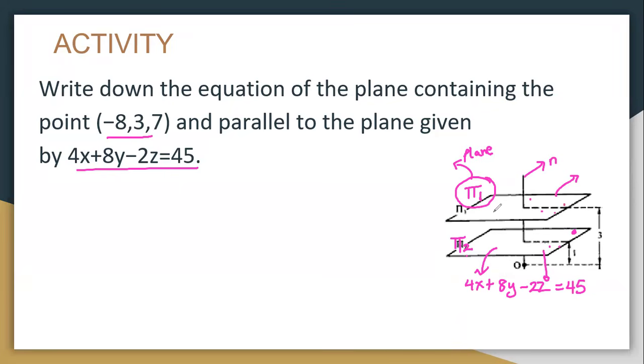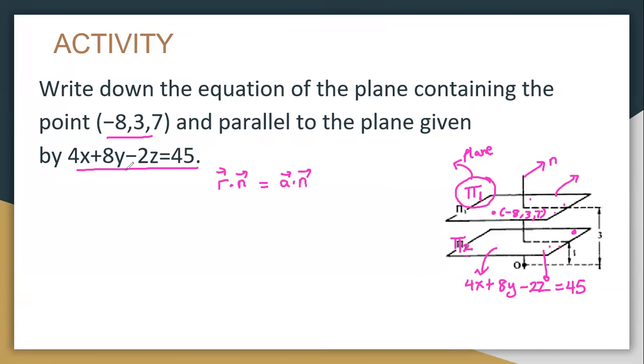But the beauty is that we have one point along that plane, and that point is given by -8, 3, and 7. So what did we say? We say that in order for us to be able to get the vector, it's just a matter of us saying r dot n, whereby n is our normal, is equal to a dot n, whereby a is any point on the plane and n is the normal to the plane.